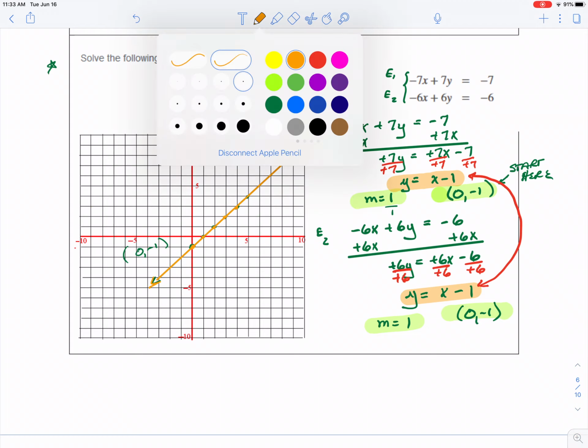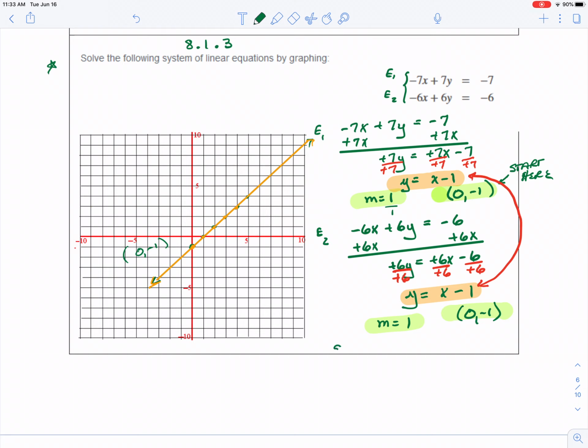So this is a special case. The solution here is infinitely many solutions.